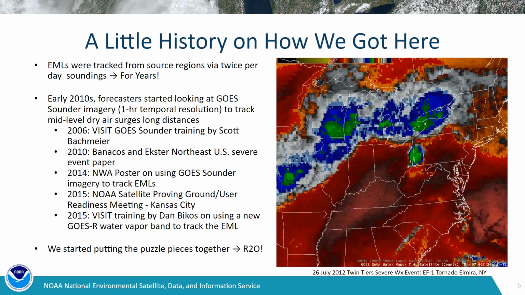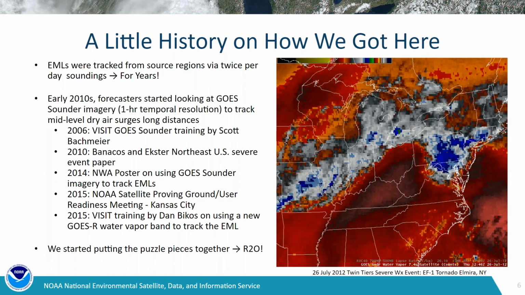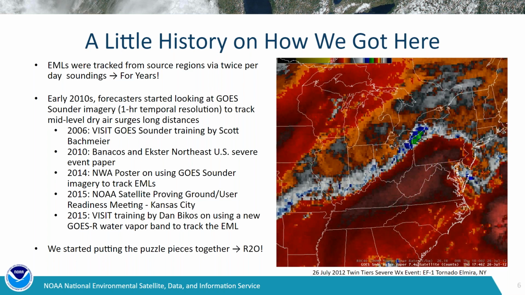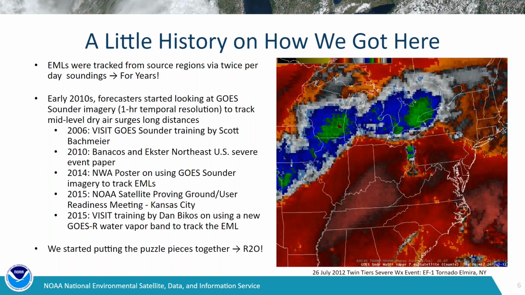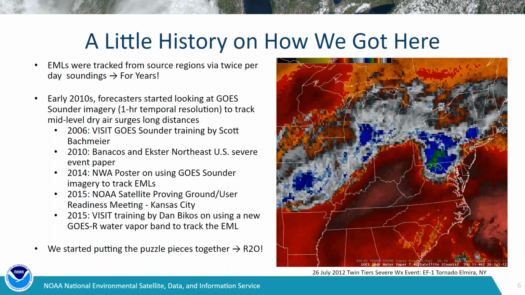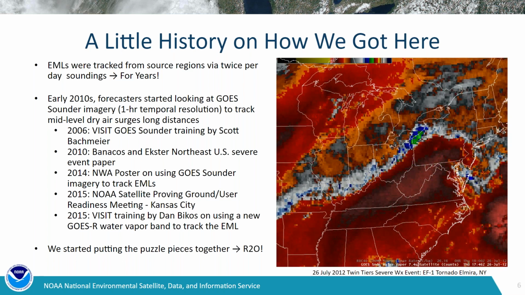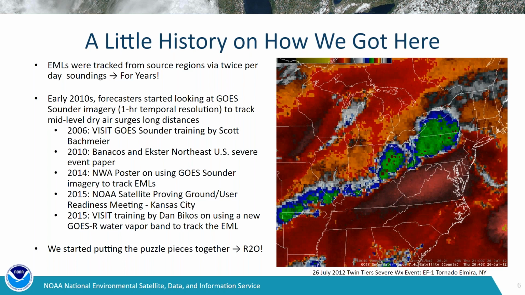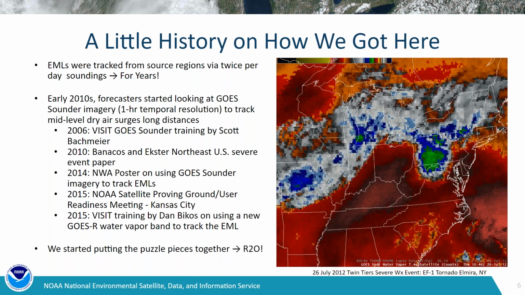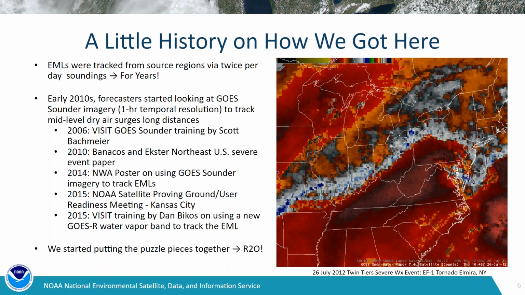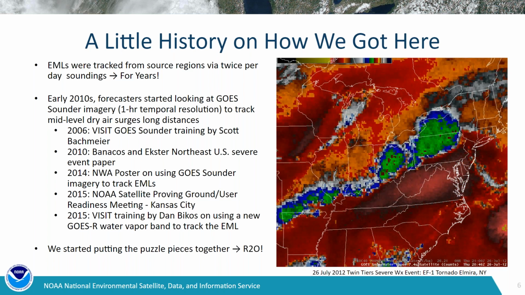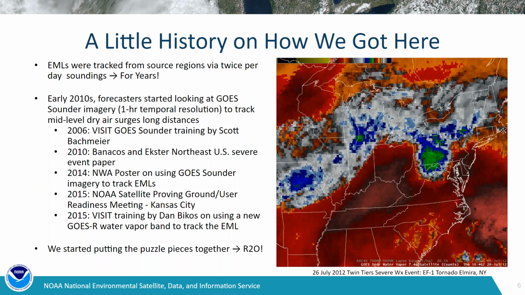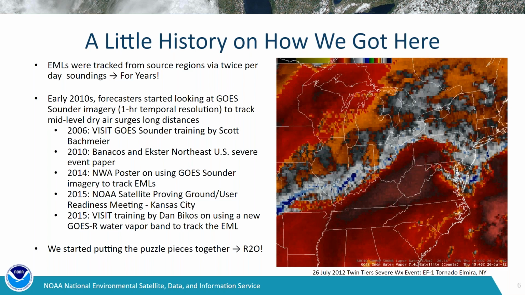But once we got into the 2000s, we started to leverage satellite technology. I remember in the early aughts watching a GOES sounder training session by Scott Bachmeier, who introduced the concept of tracking elevated mixed layers with satellite imagery using the GOES sounder, and I was really interested in that.